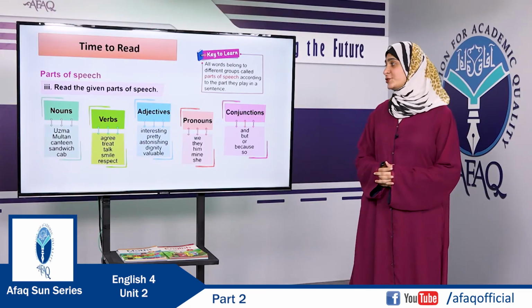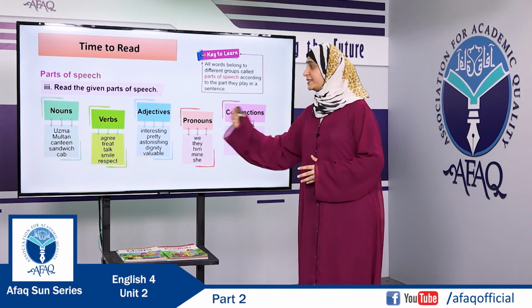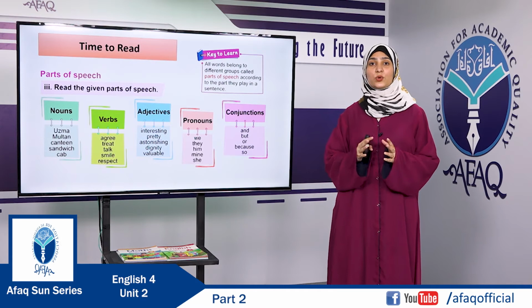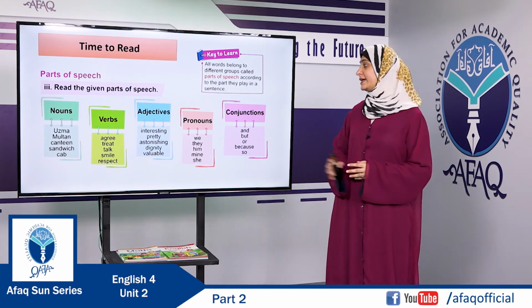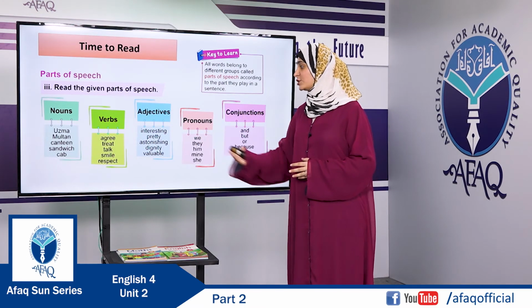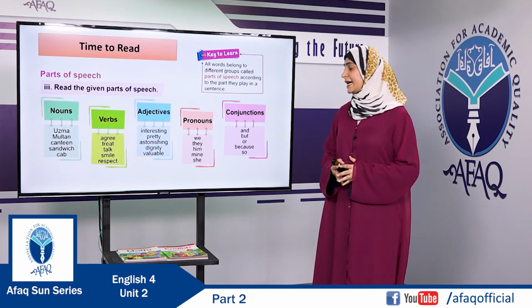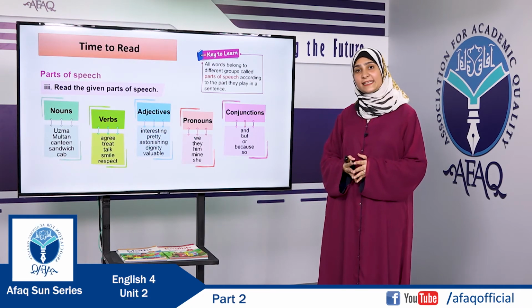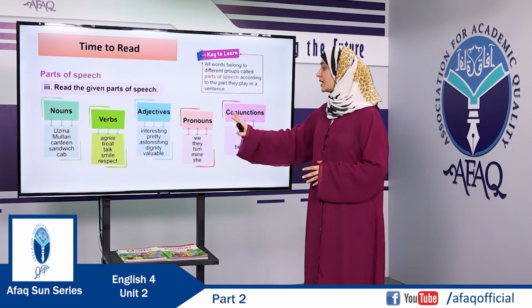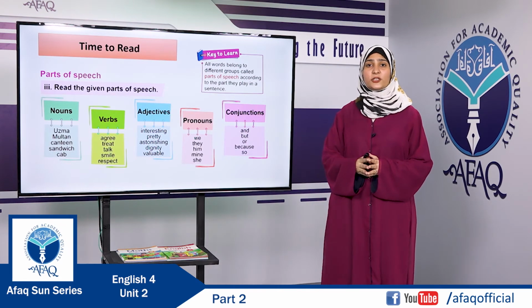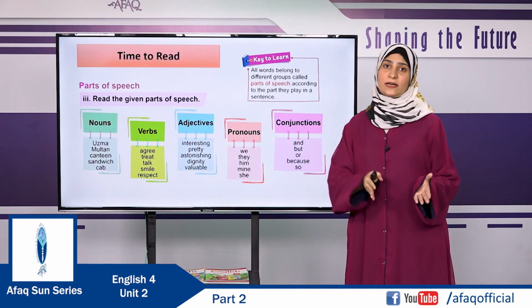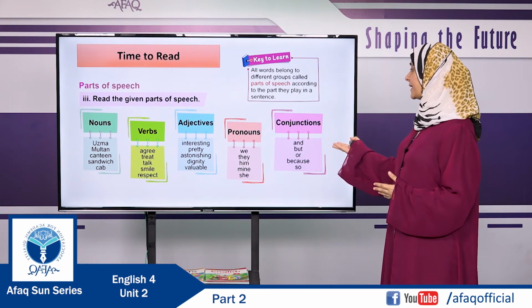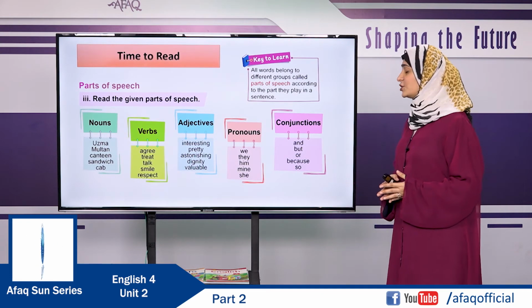And dear students, you know that adjectives tell us about the quality of a noun like interesting, pretty, astonishing, dignity and valuable. In the same way, the pronouns are those words that are used in place of a noun like we, they, him, mine, she.